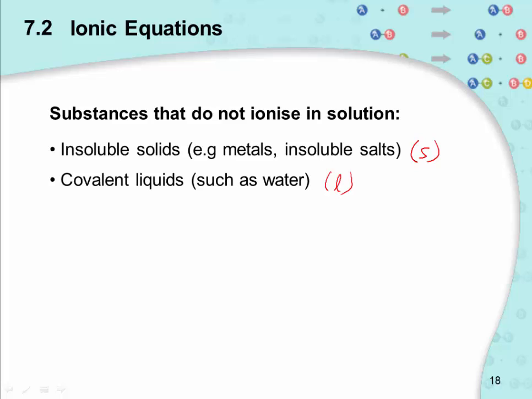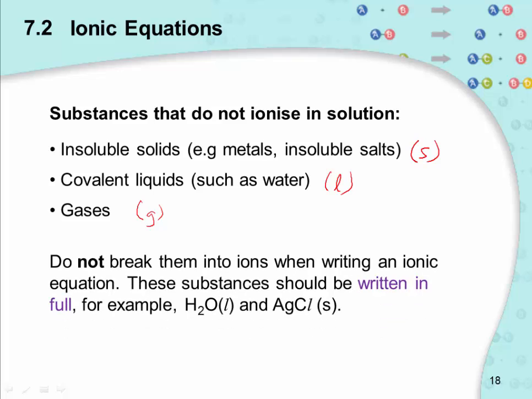So anything whose state symbol is solid, liquid or gas, you do not need to break down. You only need to break down the ions. We're writing an equation, so these substances that are not broken down should be written in full. For example, H2O liquid, silver chloride solid.